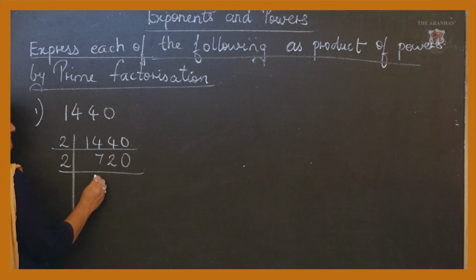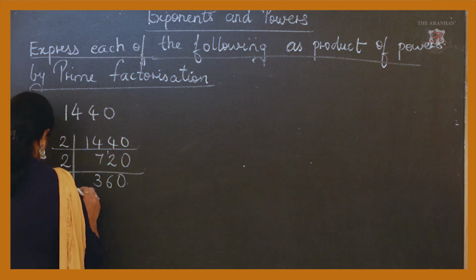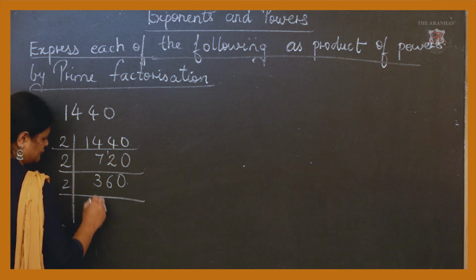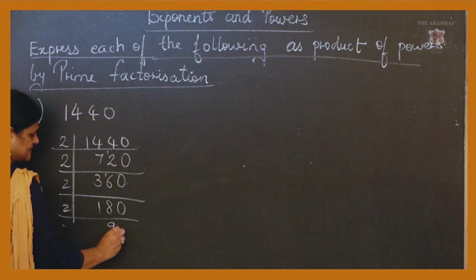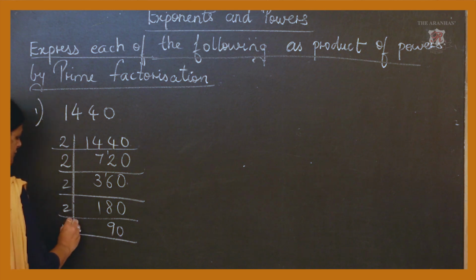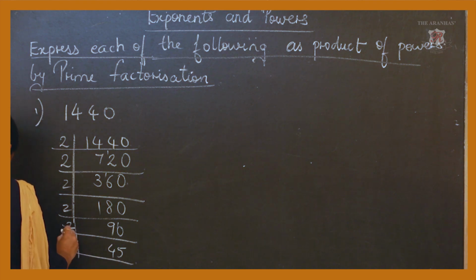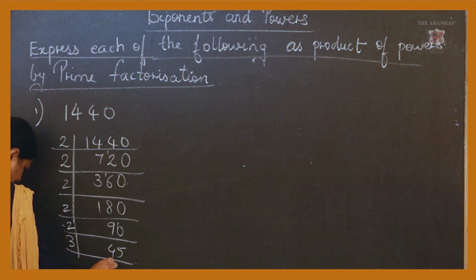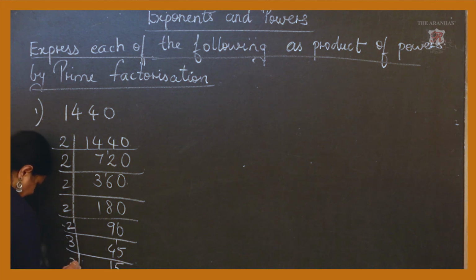Again 2 3s are 6, 2 6s are 12, 0. Then 2 1s are 2, 2 8s are 16, 0. 2 9s are 18, 0. 2 4s are 8, 2 5s are 10. Then you have got 3 1s are 3, 3 5s are 15. Then again 3 5s are 15, 5 1s are 5.